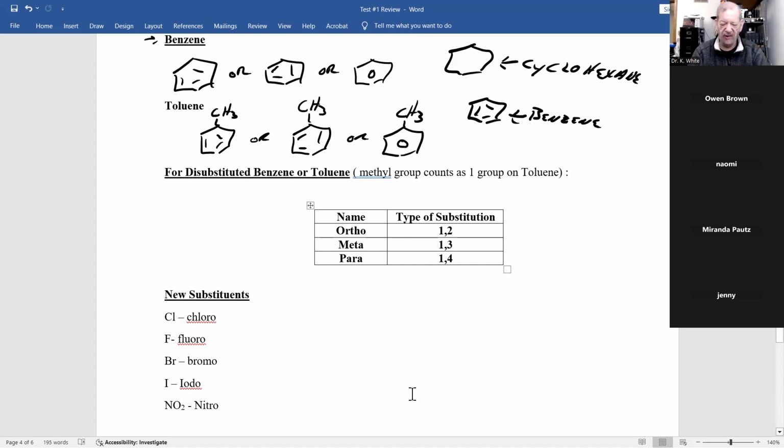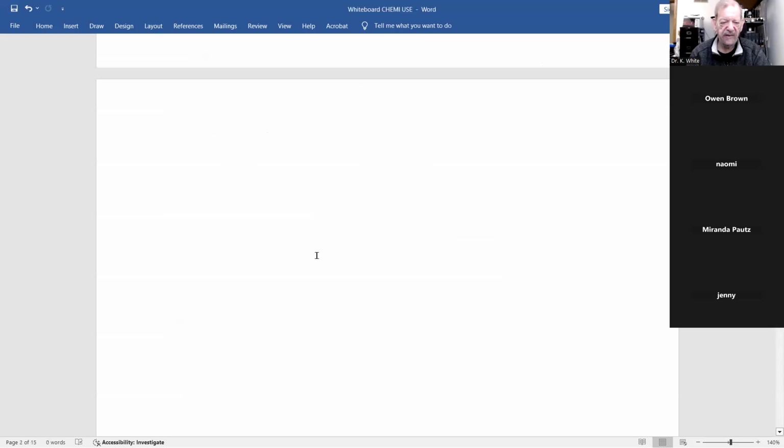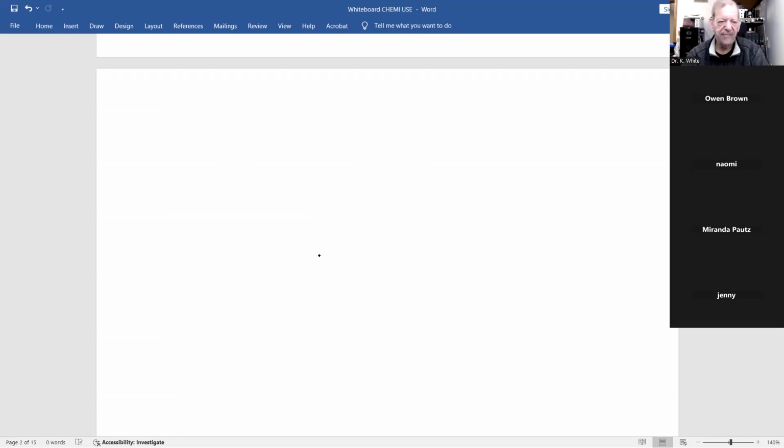So if I were to have something like this, what would be the IUPAC name? Well, you look for what's different. Ooh, a ring with 3 double bonds that are alternating single, double, single, double. That's a benzene ring, but there's a methyl group, so that's toluene.